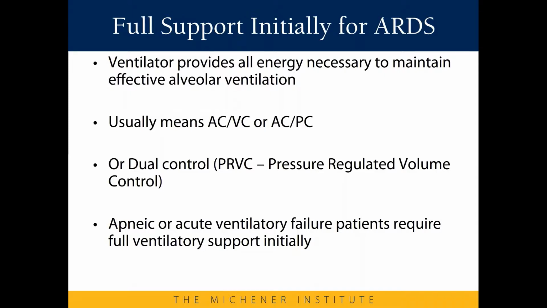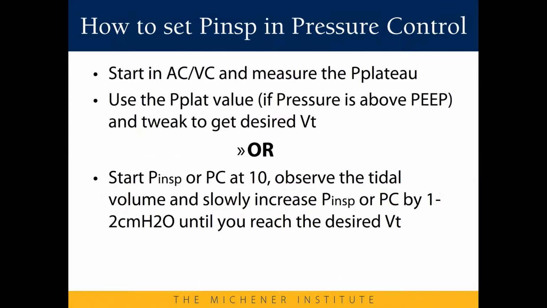So just to quickly summarize, as I know you did have a topic on modes, but as a reminder, if we are setting an inspiratory pressure in pressure control, there are 2 ways we can initiate ventilation on this patient. We could start in a volume control mode and get a plateau pressure measurement.